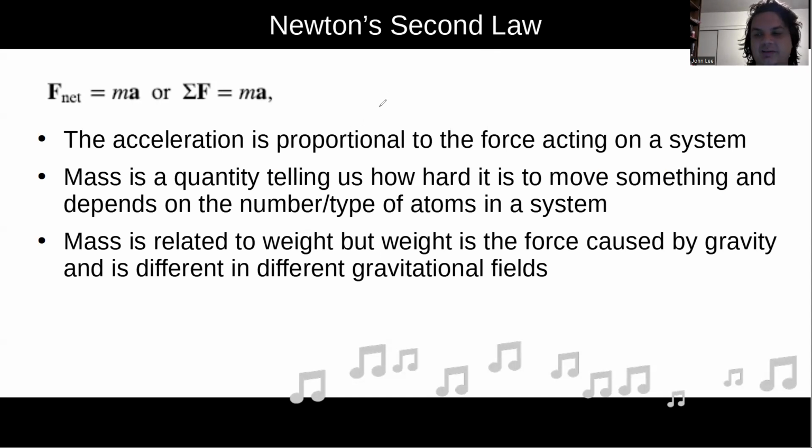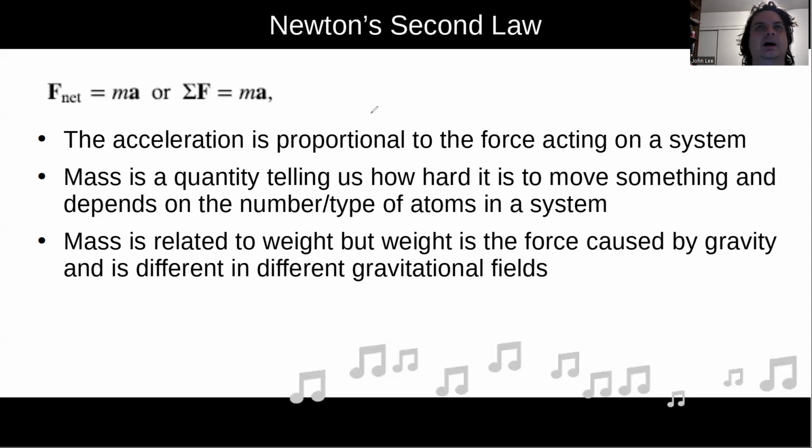So if you're on Mars and you're carrying a 10 kilogram mass, it's also going to be 10 kilograms on Earth. But the weight, how much force is being exerted by the mass, is going to be less on Mars than it is on Earth.